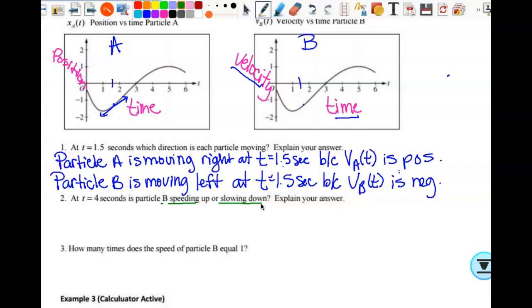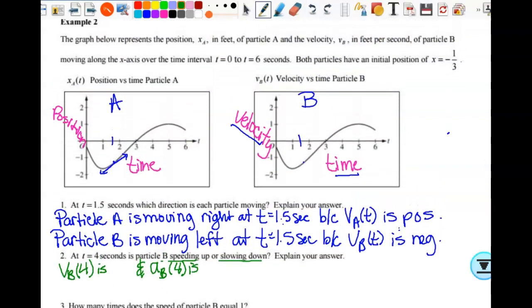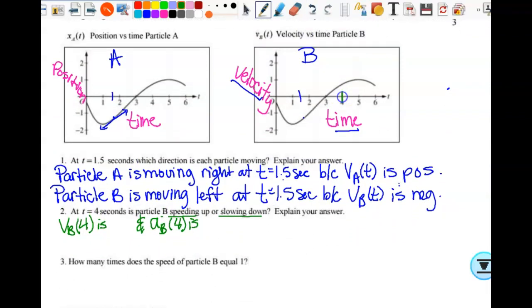So we can go ahead and say v sub b of 4 is blank, and a sub b of 4 is blank. Okay, so we're going to figure those out. From the graph, at 4, what's true about the velocity? Is it positive or negative? It's positive. Okay.